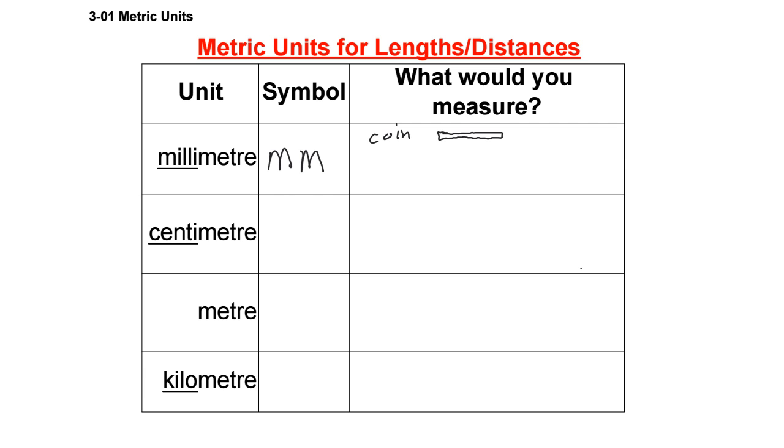That is what you would measure in millimeters. Other things you could measure in millimeters could be the width of a book, the width of a CD, things like that.